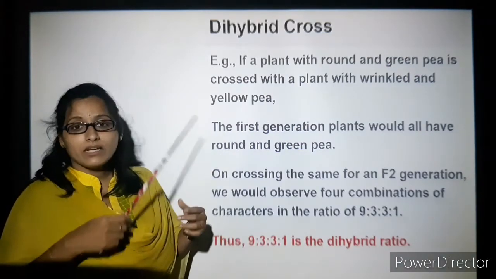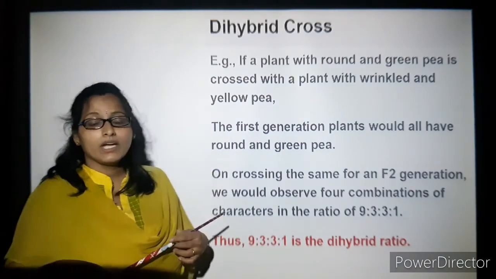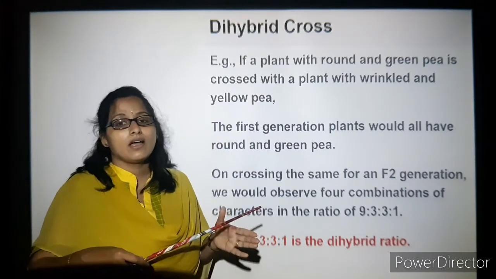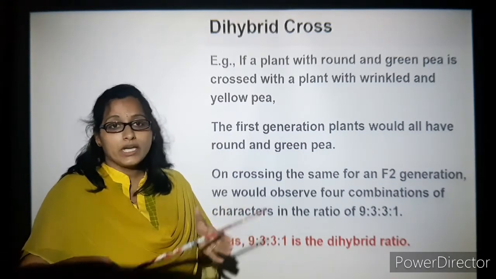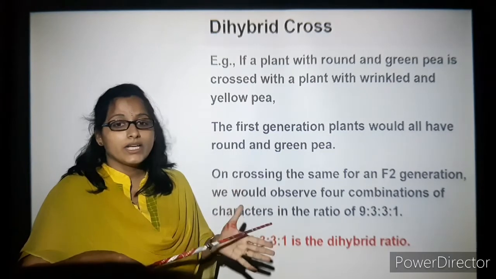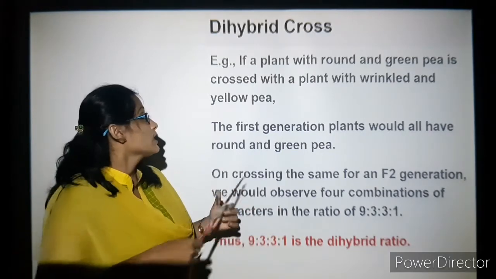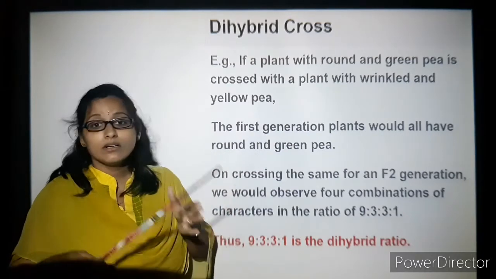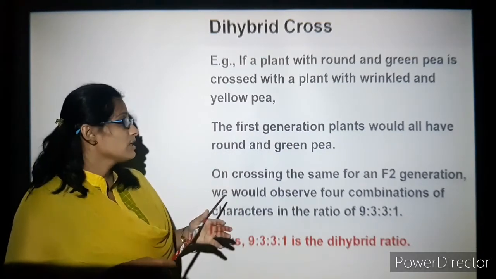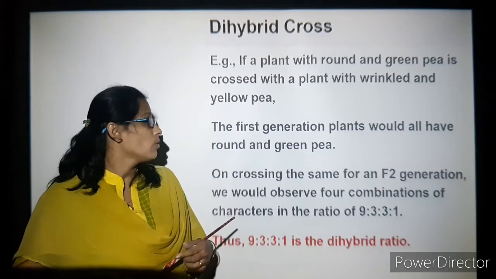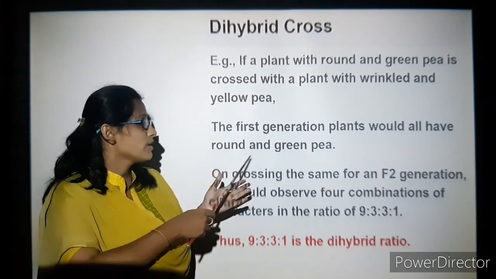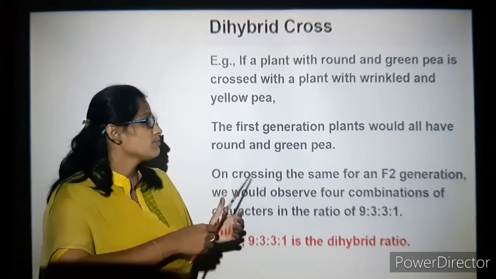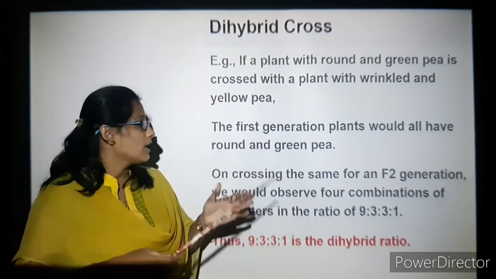So for example, we had taken the pea plant example again. We had taken the characteristics as round yellow and wrinkled green color. So if a plant with round and green pea is crossed with a plant with wrinkled and yellow pea, what happened here in the F1 generation, it would be round and green pea plants.